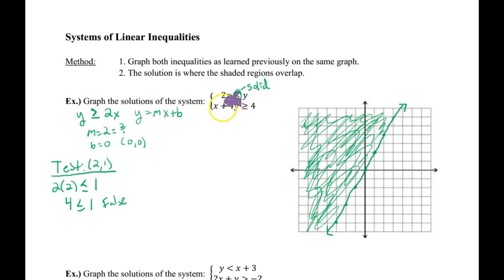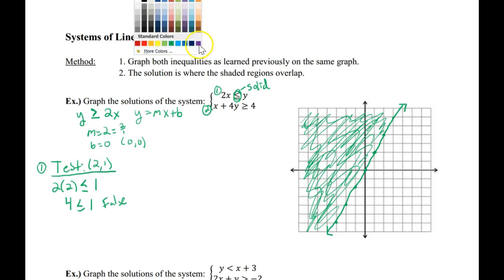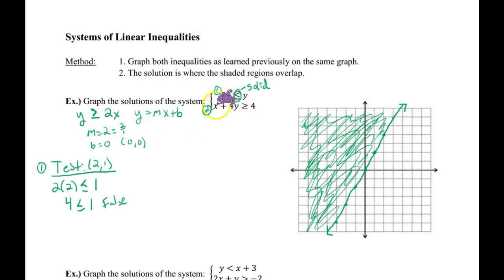Alright, so now I have to graph. So that was inequality 1, I'm going to call it. Let's look at the second one here. And actually, let me use a different color. Alright, so this inequality, there's one of two ways that we could graph it, or one of three ways really. We could use a table, we could try to get it into slope-intercept form, since it's not currently, it's in standard form, or look for the x and y intercepts.